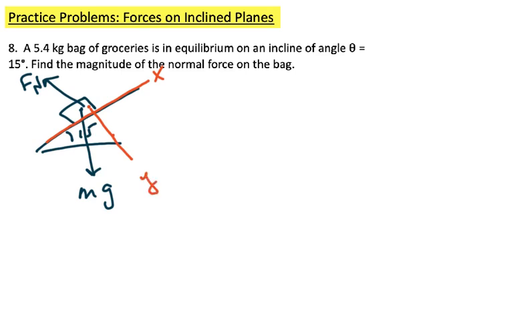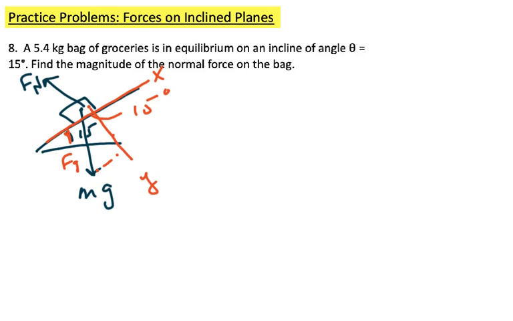So what you want to do is find the x and y components of the FG vector in terms of this new coordinate system, what I've shown in red. So if 15 degrees is the angle of the inclined plane, that works out to be that the angle between the force due to gravity vector and its y component is also 15 degrees.